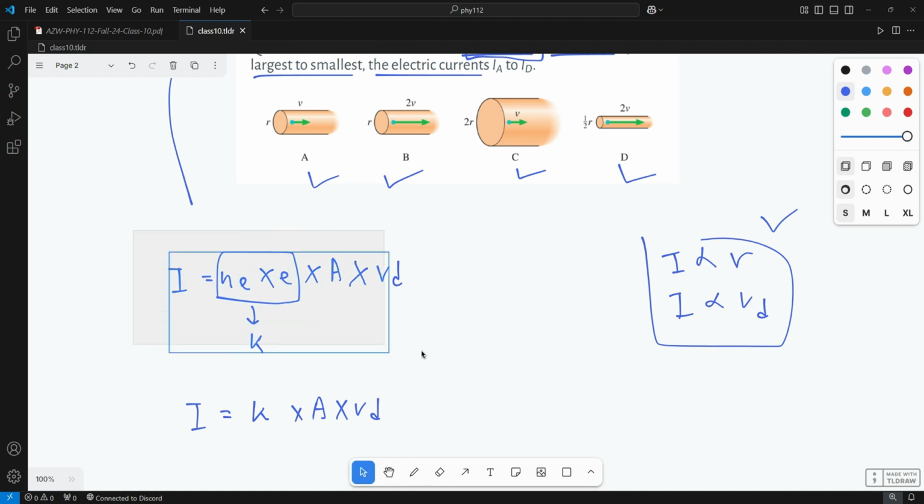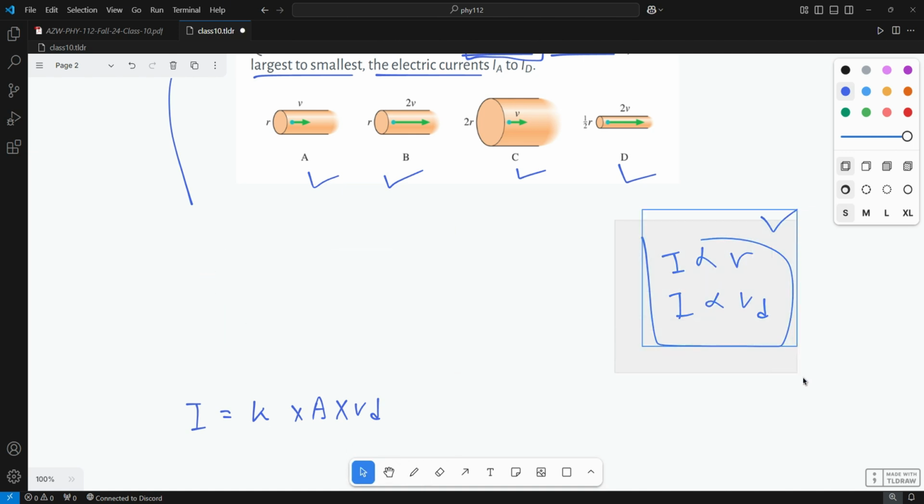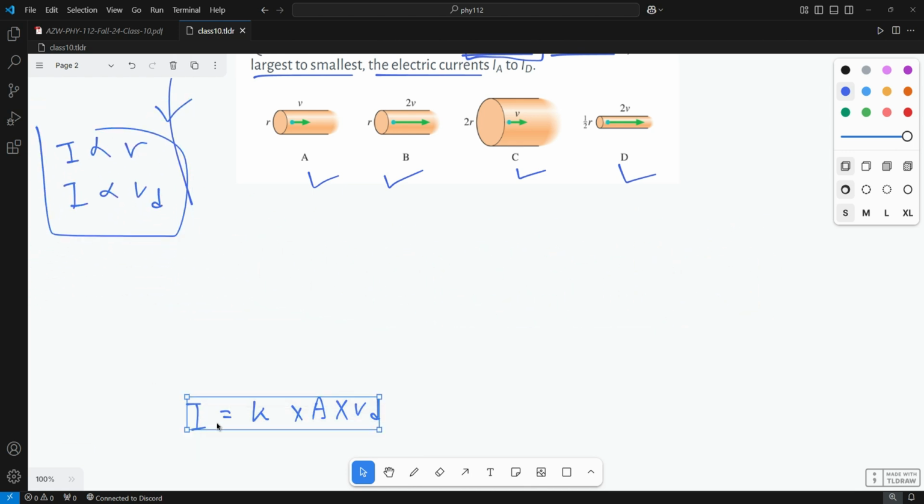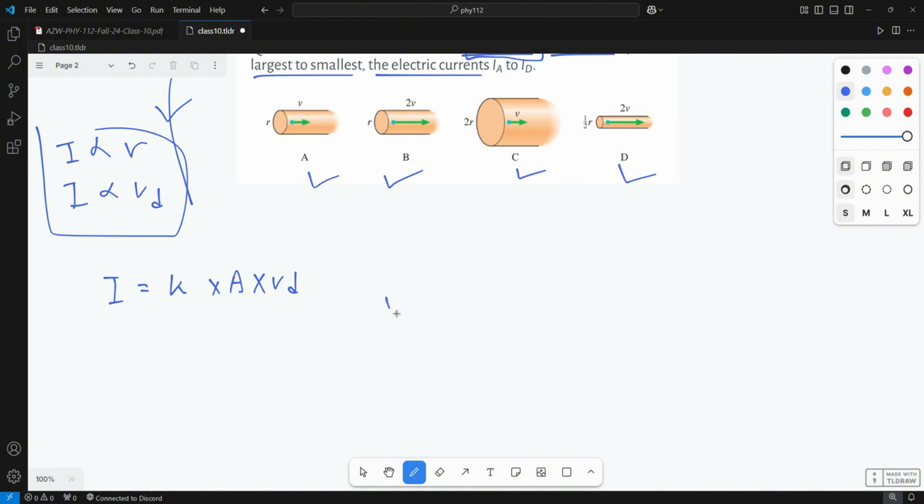Let me clear this out. So for A, let's consider this as IA. We'll get K times the area, which will be pi r squared times V.